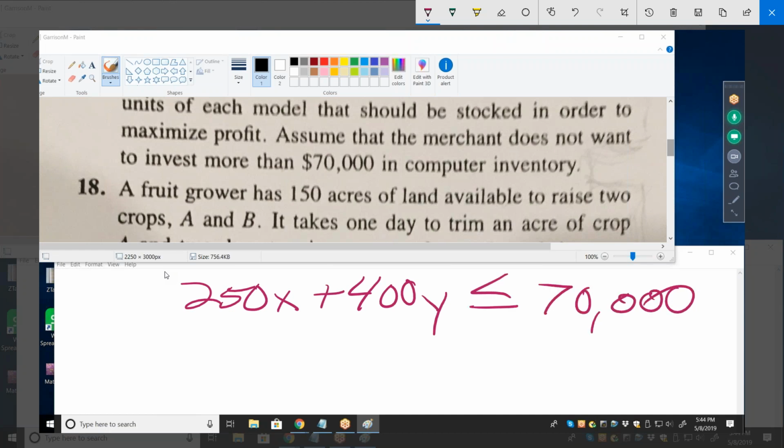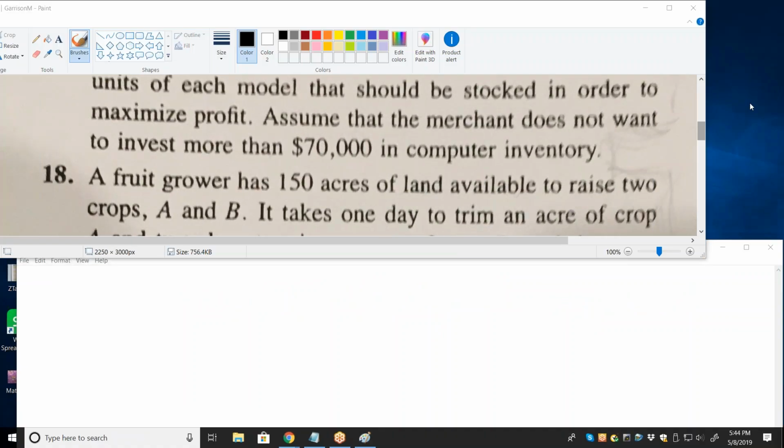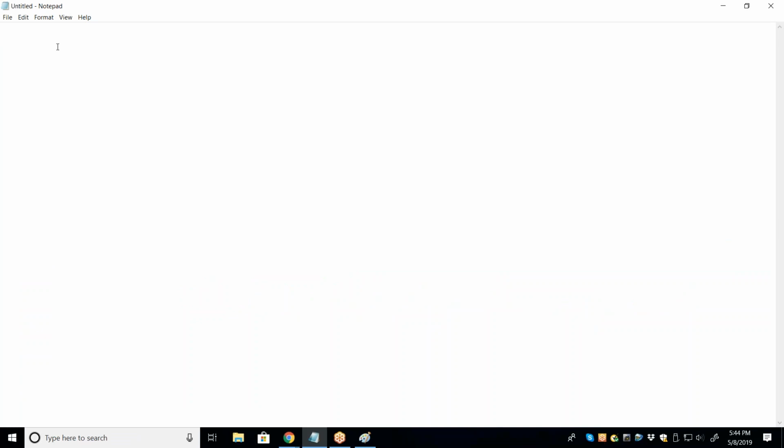So we have an objective function and we have two constraining inequalities. Let's do this because I need the whole page to write. So our objective function is the profit function.